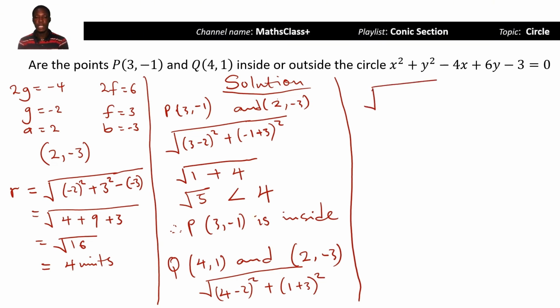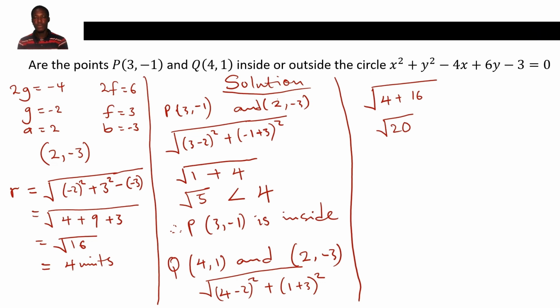That will give me 2 squared is 4 plus 4 squared is 16, which will be the square root of 20.